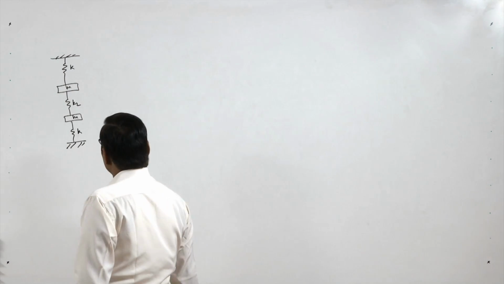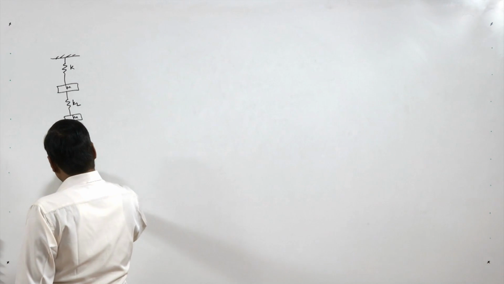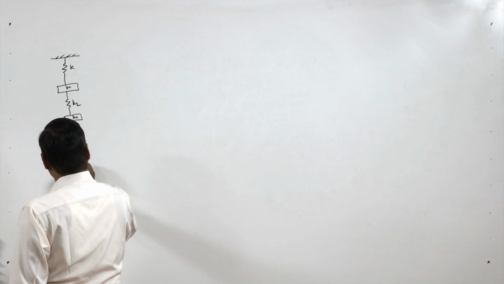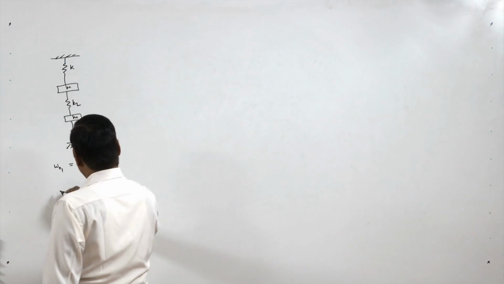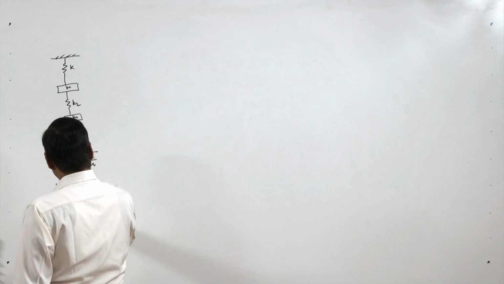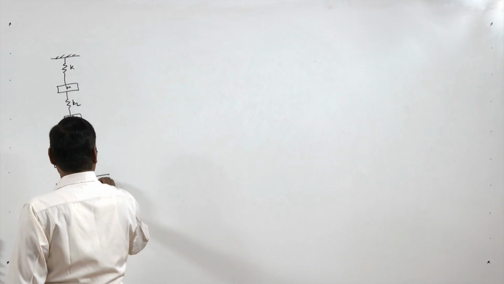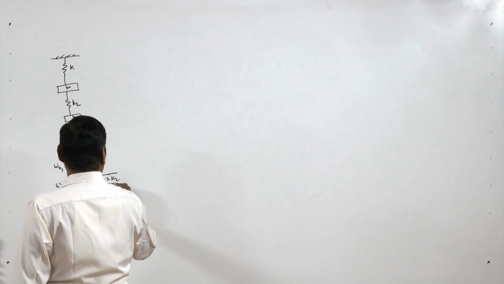For this system we found that there are two natural frequencies. Omega n1 we found root k by m, and omega n2 we found root k plus 2 k2 by m.